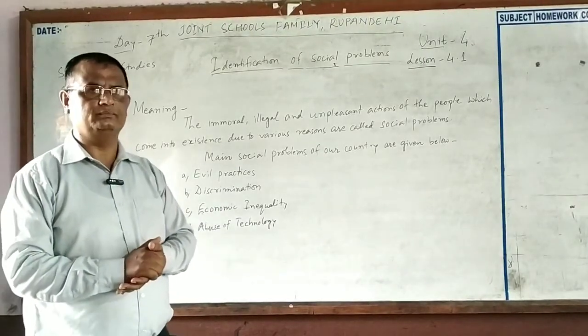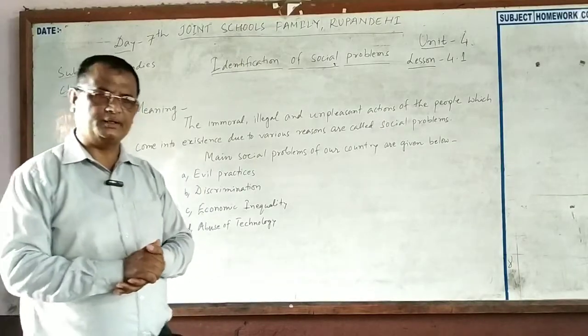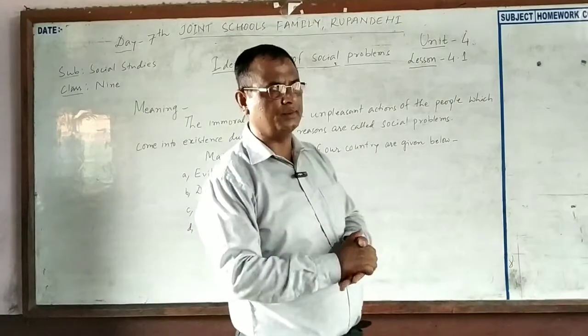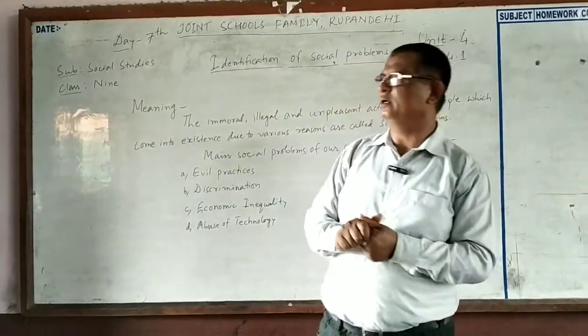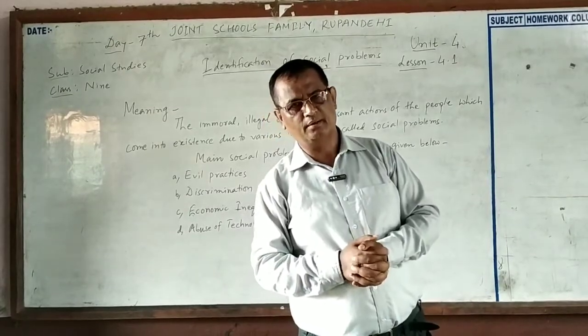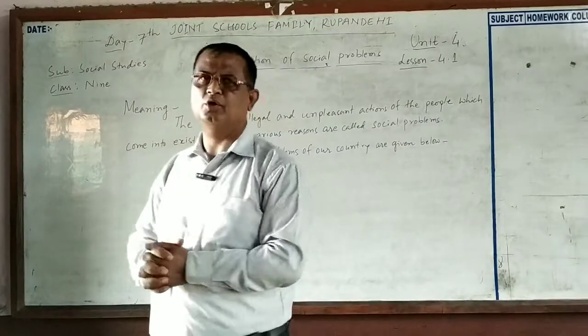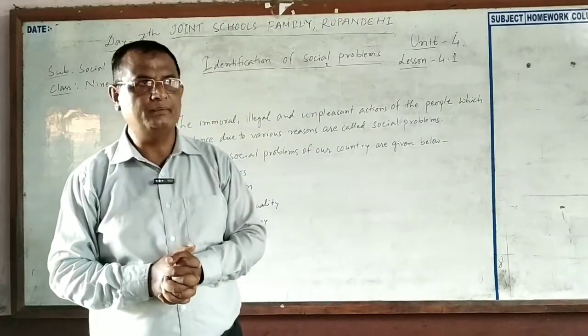This is not good. This is not good for a developing country or for a developed country or for a state, for a village, for a community. For everyone, this type of social problem is not good. But what happened?